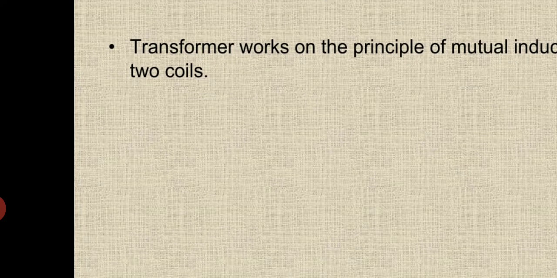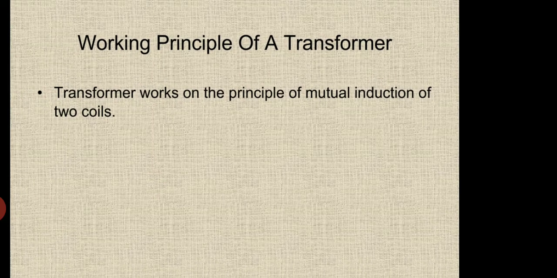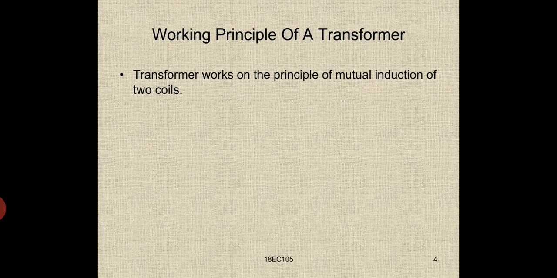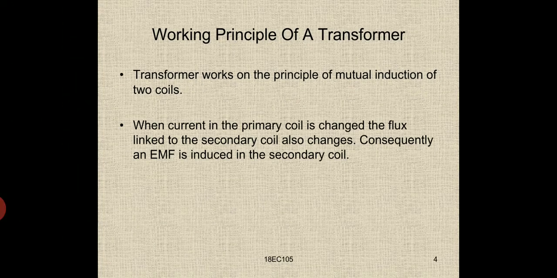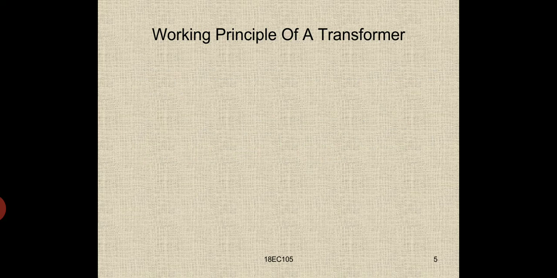The transformer works on the principle of mutual induction of two coils. When the current in the primary coil is changed, the flux linked to the secondary coil also changes. Consequently, an EMF is induced in the secondary coil. And this is the basic principle of transformer.